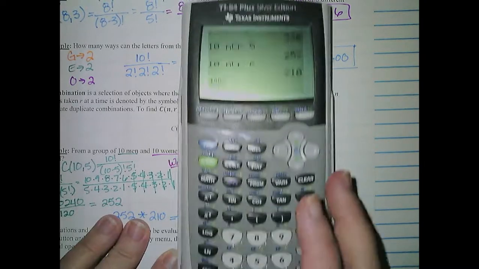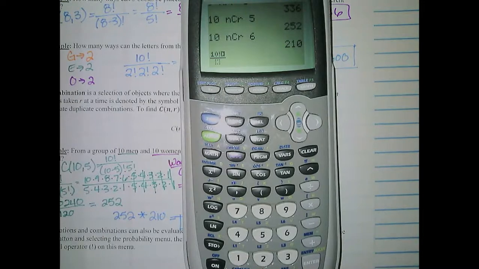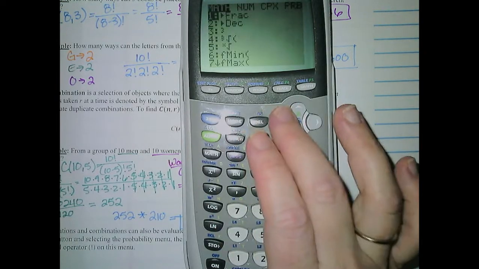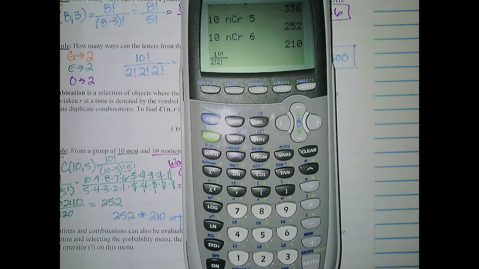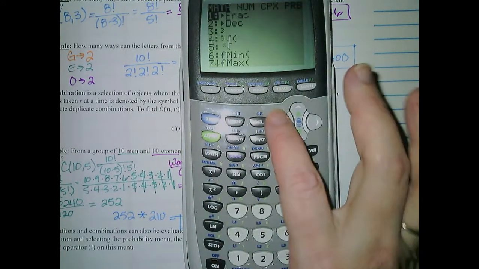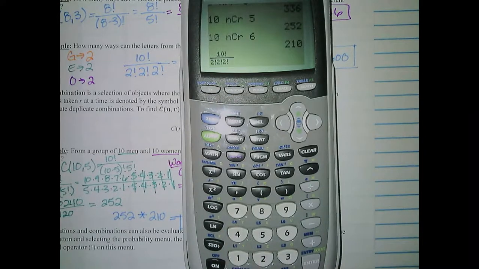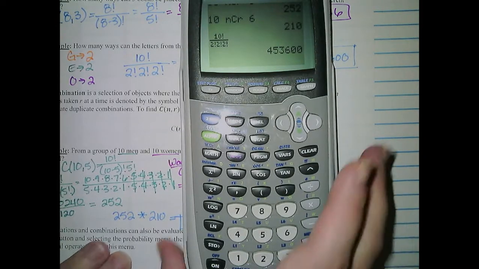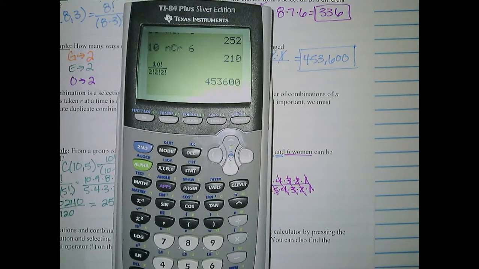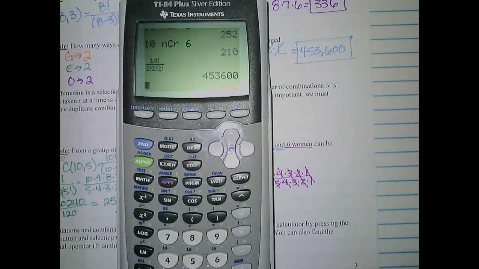Then in my denominator, I have 2 factorial times another 2 factorial times a third 2 factorial. So I have 10 factorial divided by 2 factorial times 2 factorial times 2 factorial. And we get the exact same number of arrangements there, 453,600 different ways that we could arrange those letters.